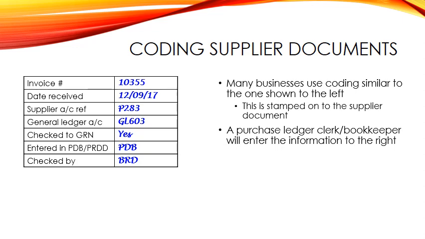So when we look at the sorts of information that will be included, and please note that each business may put in or require different items to the one shown on the screen at the moment, but these are fairly common. So we'd have the business's own reference for that purchase invoice.